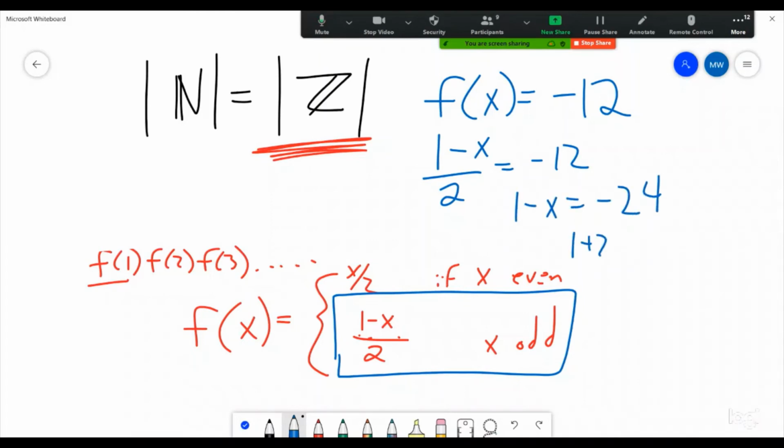So 1 plus 24 equals x. So x equals 25 is a solution. That's how you would get those negative even numbers. So any negative number is going to be represented by an odd number. Any positive number is going to be represented by an even number. Did that answer your question? Yes, thank you.